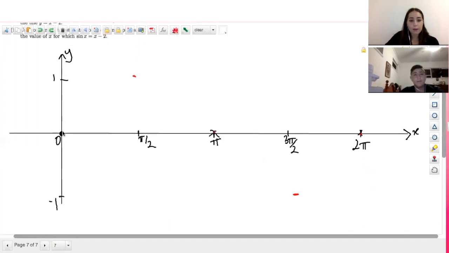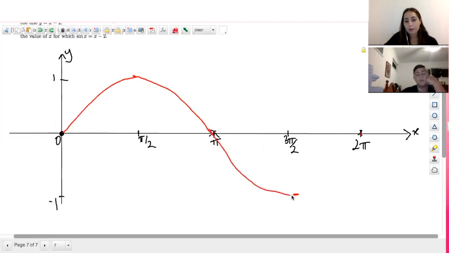So I'm just going to carefully trace the sine curve, something like that, and then it comes down again, hits the x-axis at pi, reaches a trough at 3 pi on 2, and then comes back up to 2 pi. So that is your sine curve with an amplitude of 1, okay? So it's got an equation, y equals sine of x, correct?